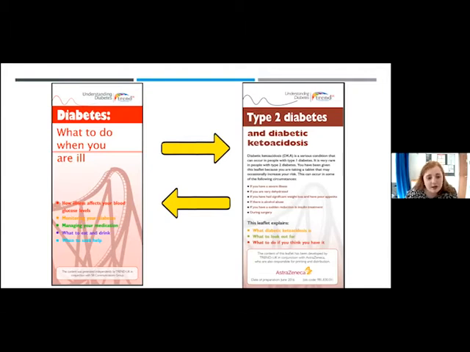And again, it's really important to hammer this home to patients, recognizing these symptoms and knowing how to react in these situations and scenarios. You can see here, I've got a couple of examples of information leaflets that we give to patients. These are both from TREND, and this is a really useful resource that we have in clinic.